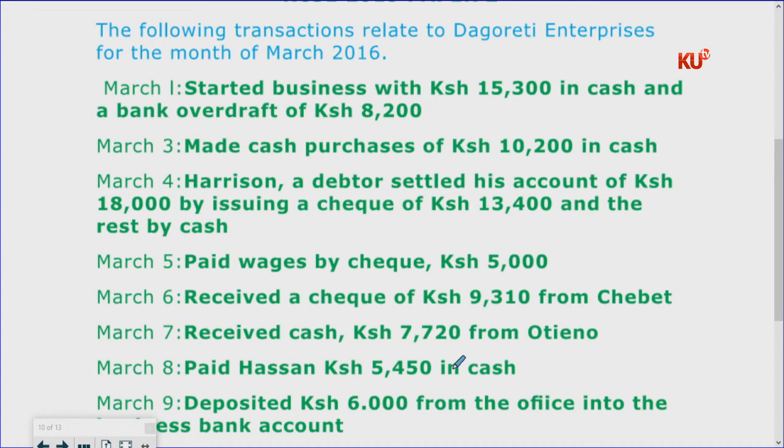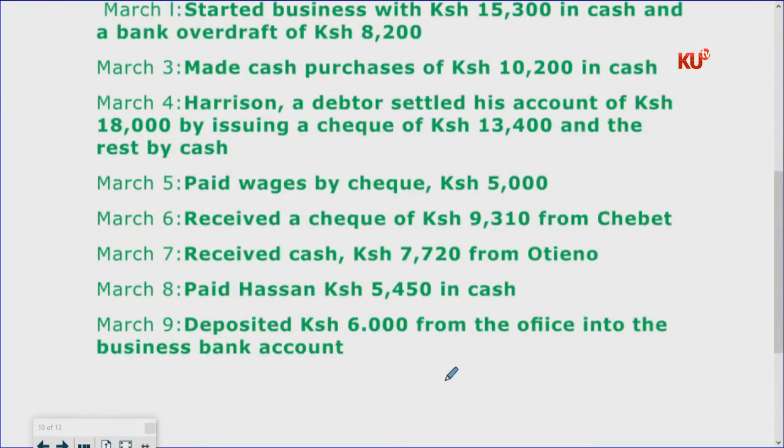Number 5, paid wages by check 5,000. Number 6, received a check of 9,310 from Chebet. And then 7, received cash of 7,720 from. Number 8, paid Hassan 5,450. Number 9, deposited 6,000 from the office into the business bank account.